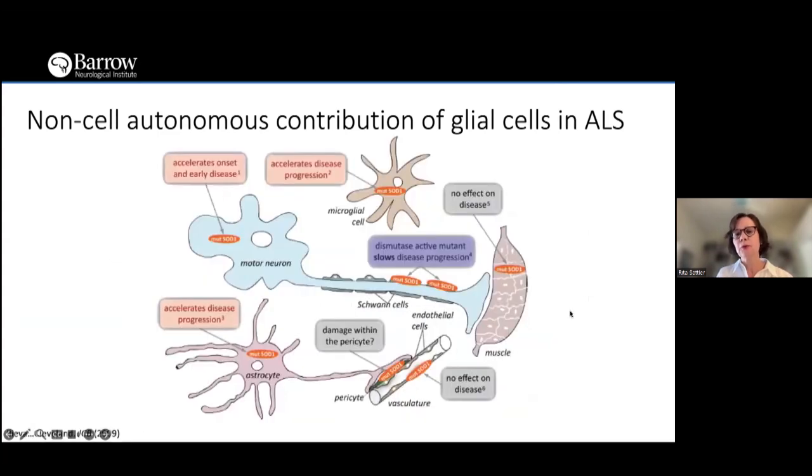And he went further on to show this in some really elegant studies. There was no CRISPR back then, so this was hard work, introducing cell type specific gene mutations in the different cell types of, at that point, a very common mouse model of ALS, the mutant SOD1 mouse, which was really the first model that we had for ALS, where he showed that depending on where he introduced the mutant form of SOD1, there were different outcomes in the disease.